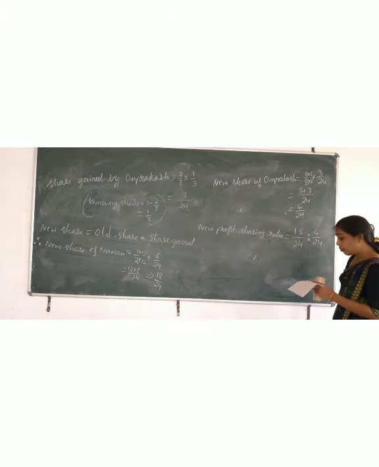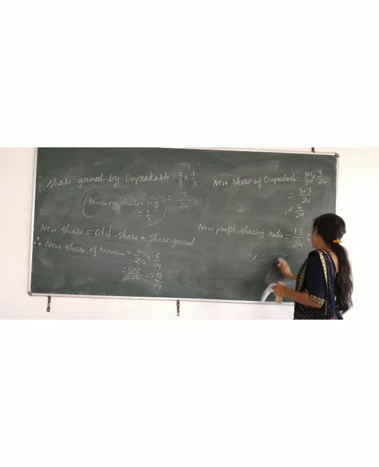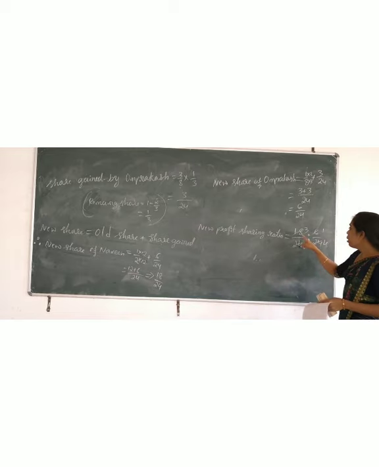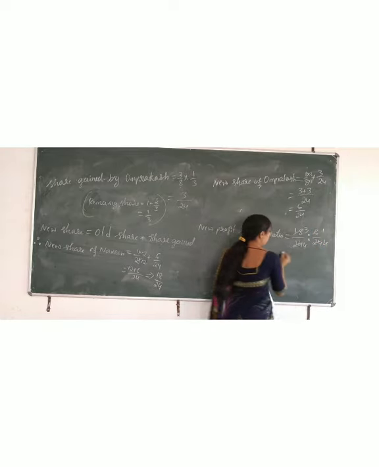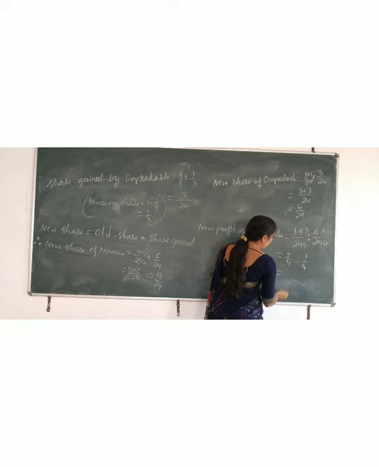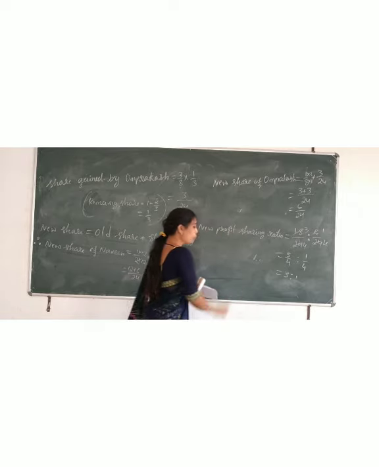If we simplify this, we get 3/4. 6 3s are 18, 6 4s are 24, 6 1s are 6 and 6 4s are 24. After simplifying that we got 3/4 is to 1/4. The final new profit sharing ratio is 3 is to 1.